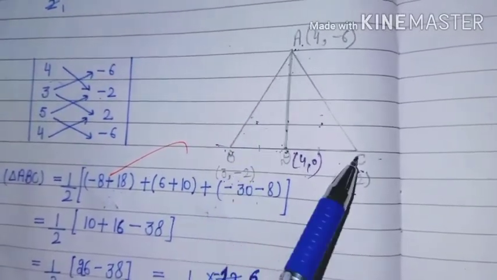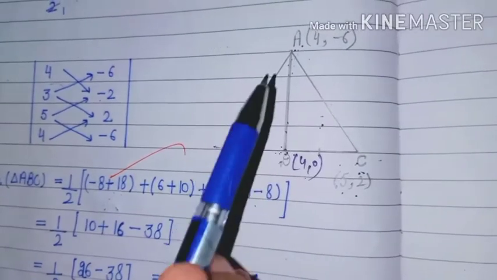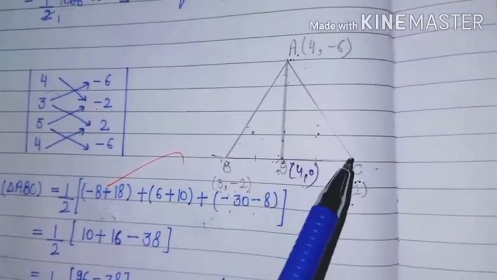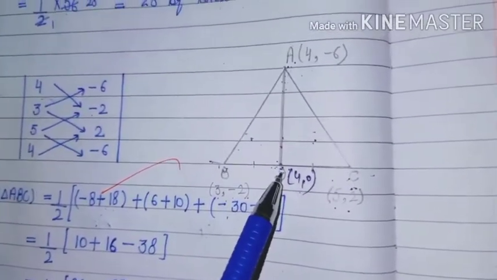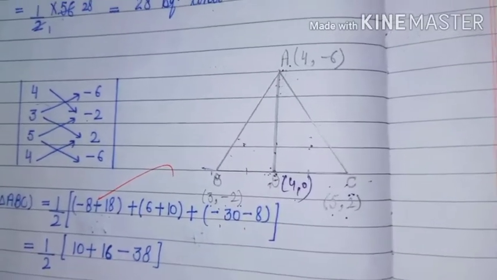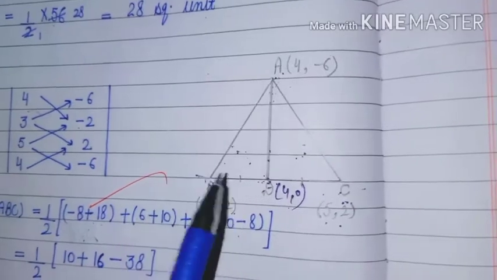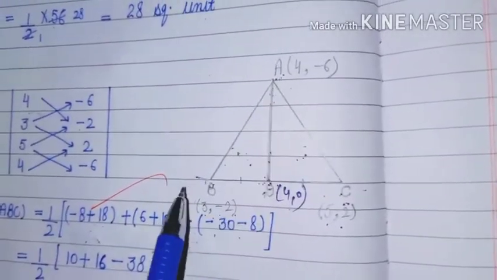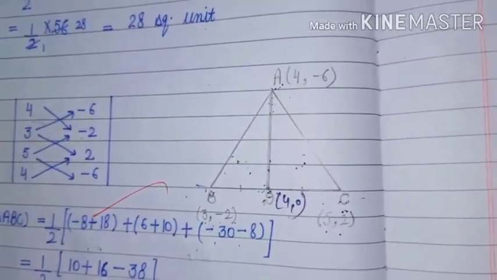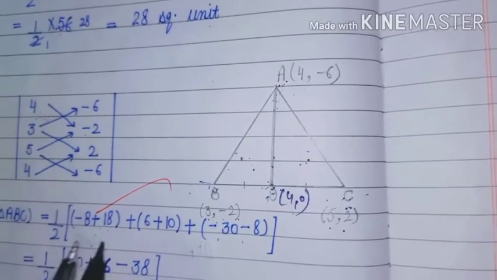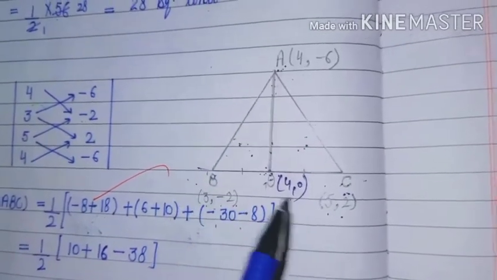ABD and ACD. It means the area of ABD is equal to the area of ACD. Now what we have to verify is that the areas of these two triangles are equal and half of the bigger triangle ABC. So first we will find the area of the larger triangle, that is ABC.